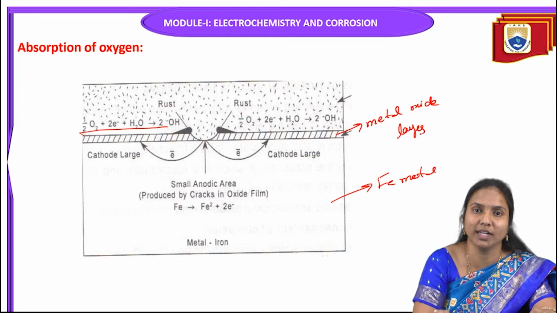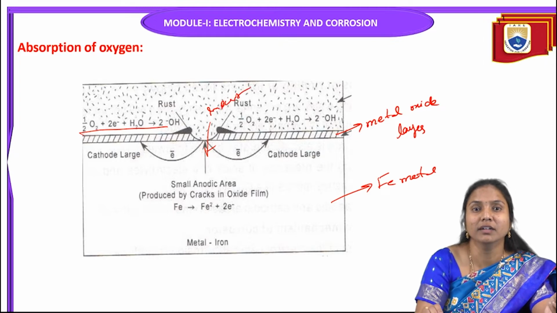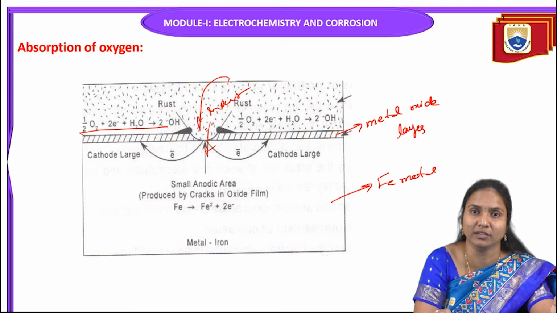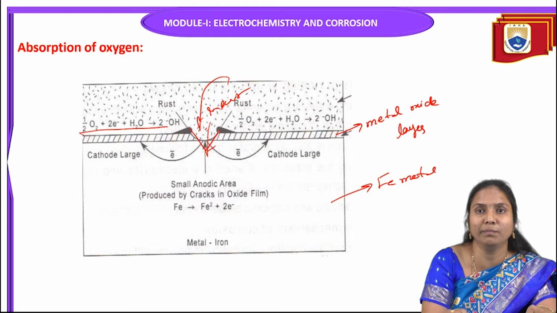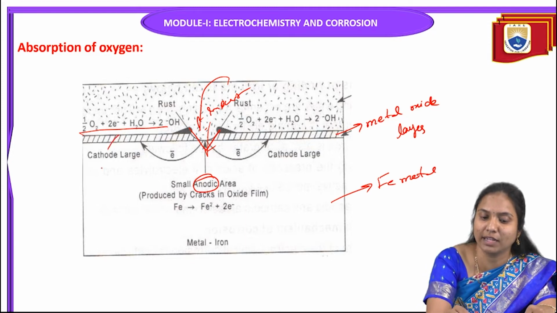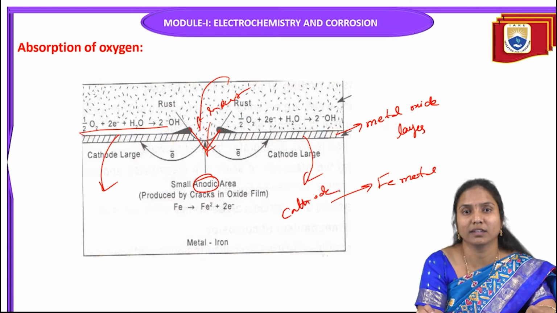For any reason, for example impurities like sand, dust or any other chemicals attacking this metal oxide layer, the layer gets cracks. So this cracked part acts as anode, and the rest of the part acts as cathode.